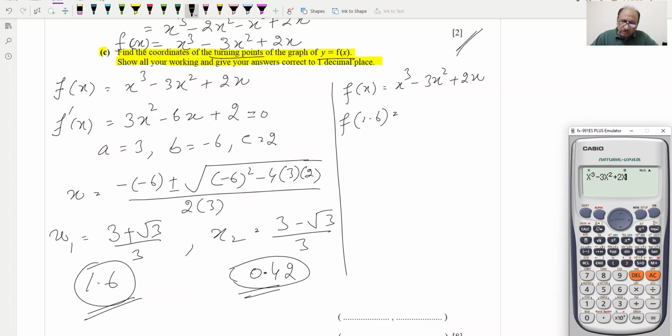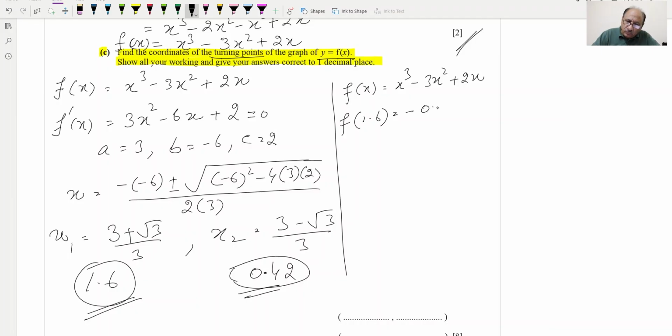After typing this equation, we can calculate it for x is equal to 1.6, and we will get the value minus 0.384.